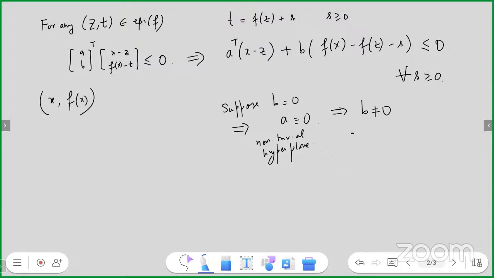So now what is the special point at which I can use that equation and the fact that b is not equal to 0? This holds for all s greater than or equal to 0. So can you use that for a special s and the fact that b is not equal to 0 to write a new equation which will give us something?